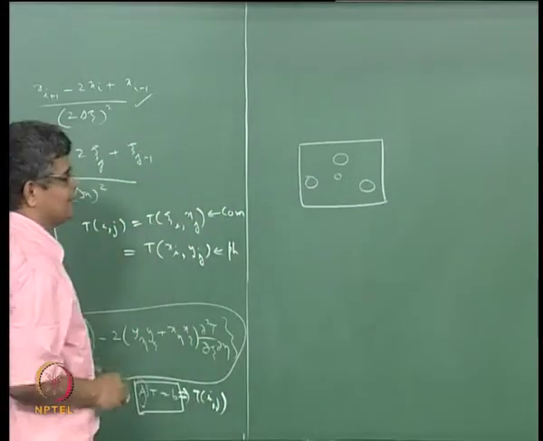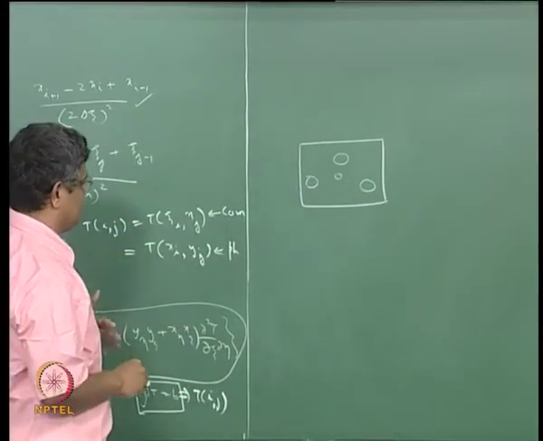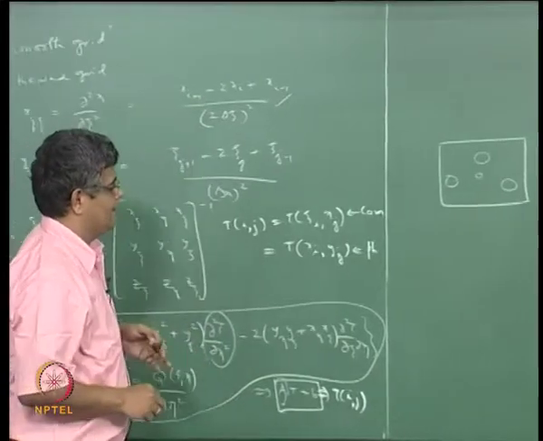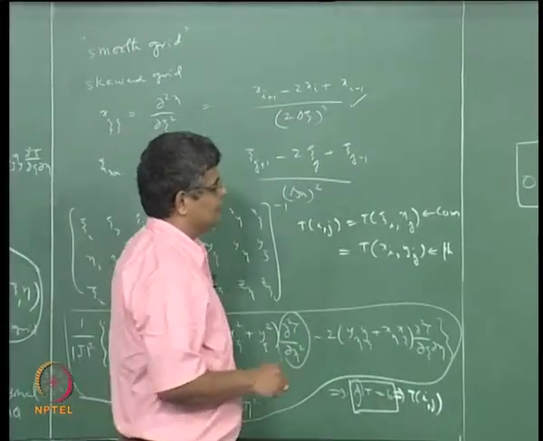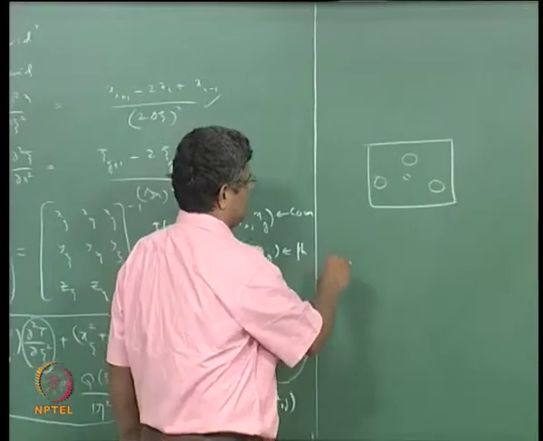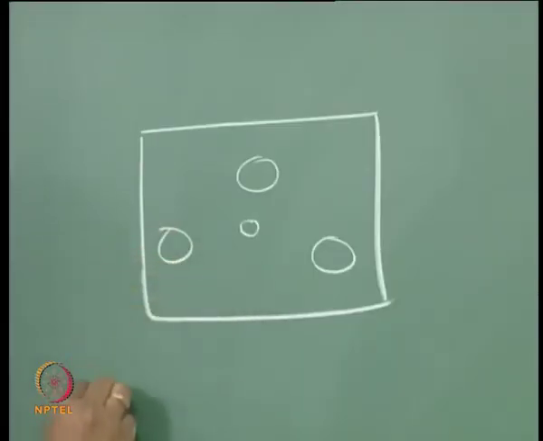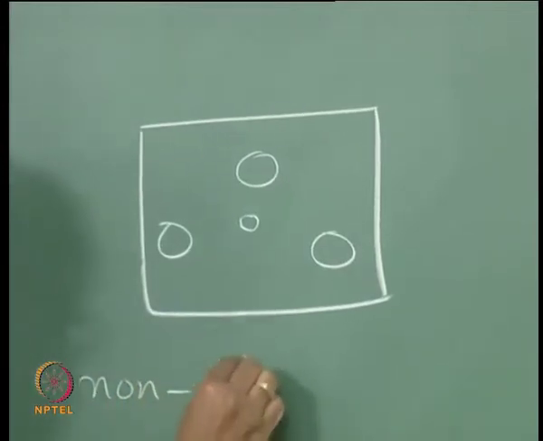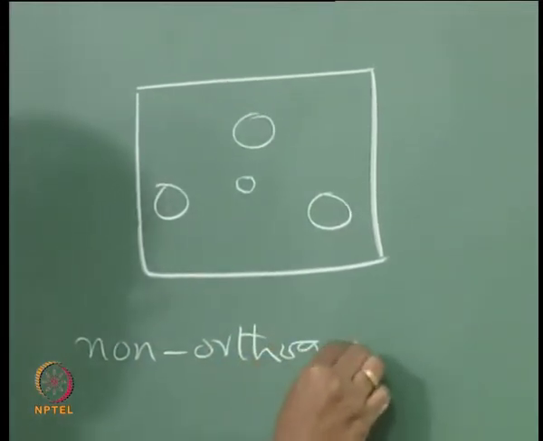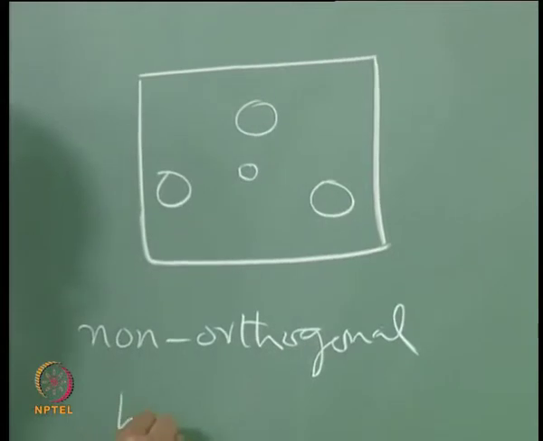So in the general case like this, it may not be possible to have an orthogonal thing, but it is still possible to come up with a corresponding non-orthogonal body fitted grid.